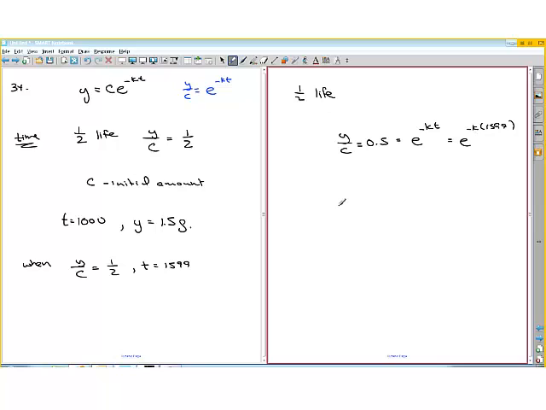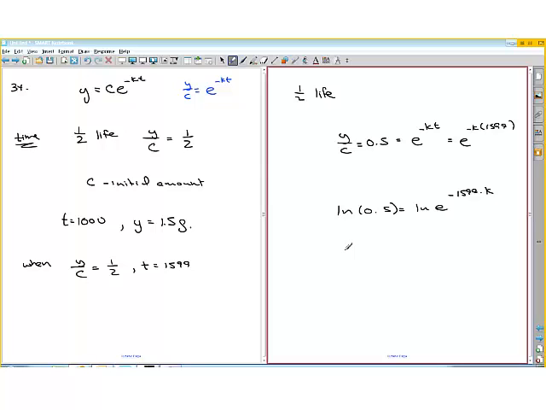So we have one unknown, k. It's in the exponent, so we're going to take the natural log of 0.5, and that's equal to the natural log of e to the minus 1,599 times k. The natural log of e to some exponent is just the exponent.